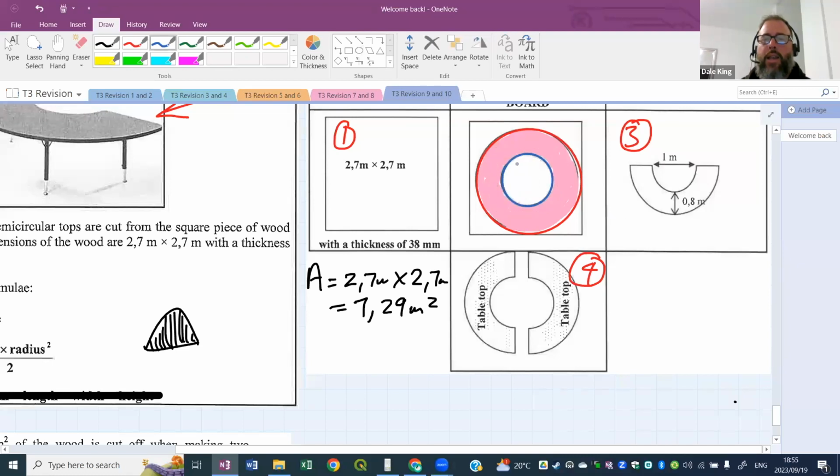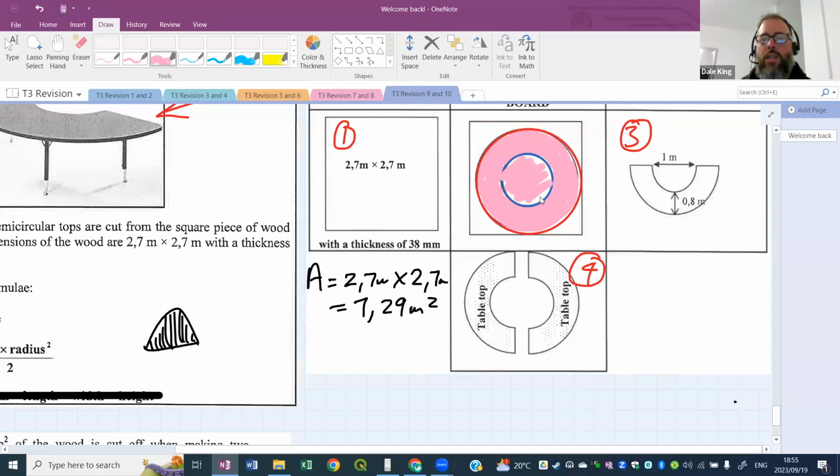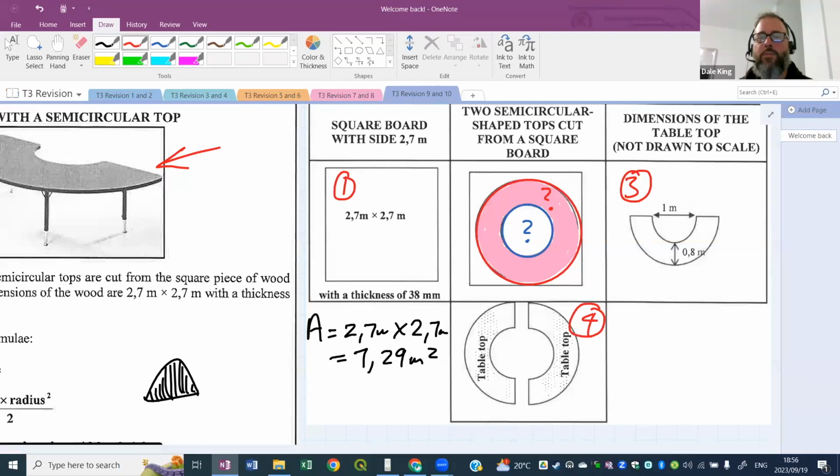Now, if this inner circle wasn't blank, this would be a whole lot easier because we would just work out the area of the whole circle and subtract it from the square. But it's not that easy. We can't remove the middle circle. So this middle circle outlined in blue has to stay. We need to know what that middle blue one is, and then we need to know what it would be if there was a big solid red or pink one. You with me?